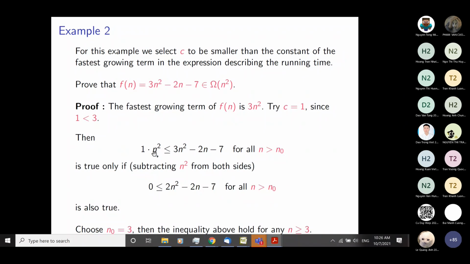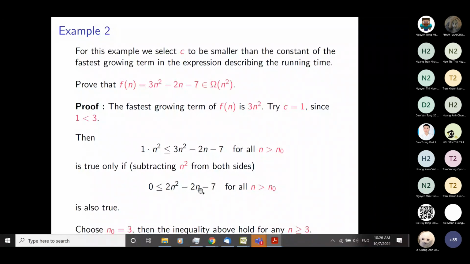So C is equal to 1, and I want this to be smaller than this expression. Removing n squared on each side, we get 2n squared minus 2n minus 7 is greater than 0 for values of n greater than 3.